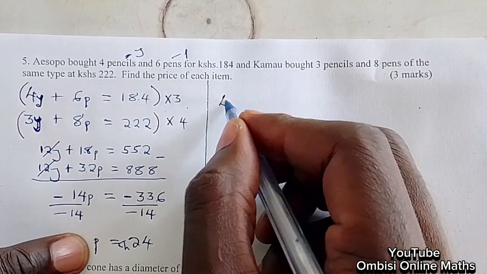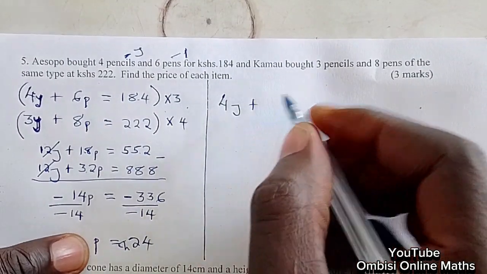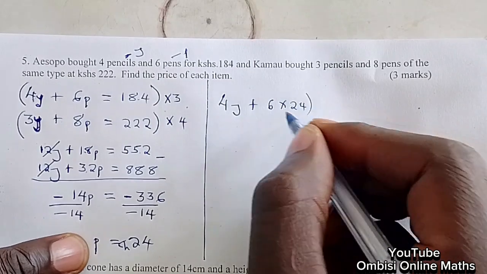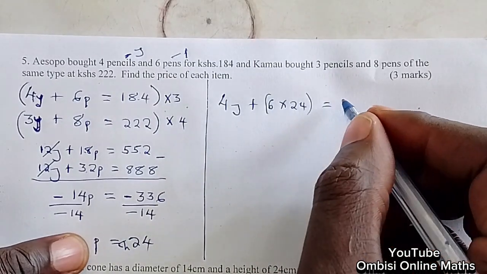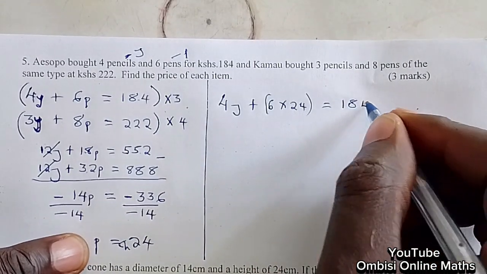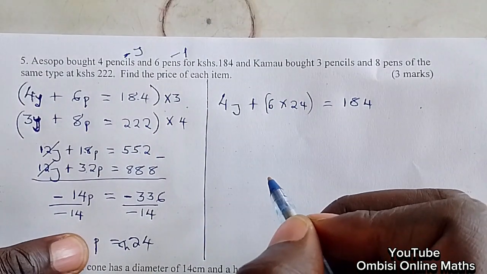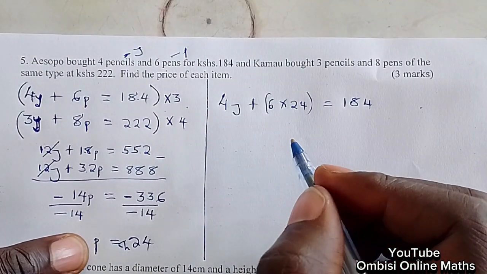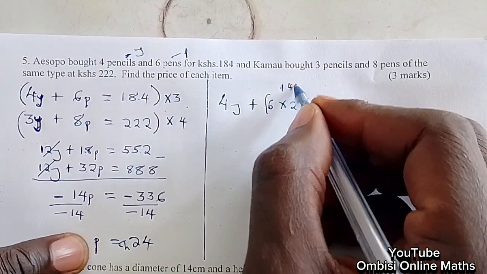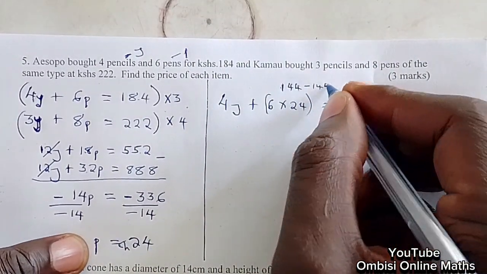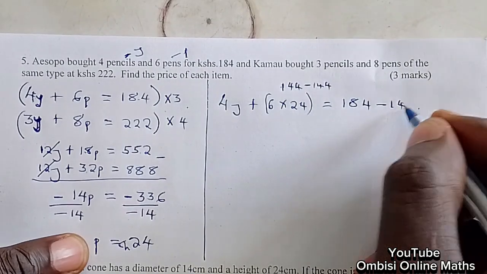So if we use the first equation, 4y plus 6p, so it is 6 times 24, should give us 184. So 24 times 6 is going to give us 144. Subtract 144 from both sides. Also here, subtract 144.